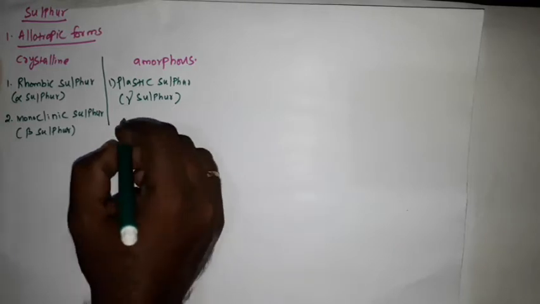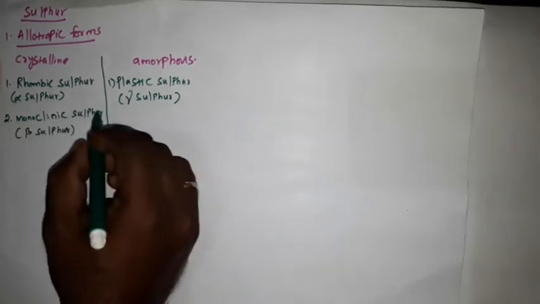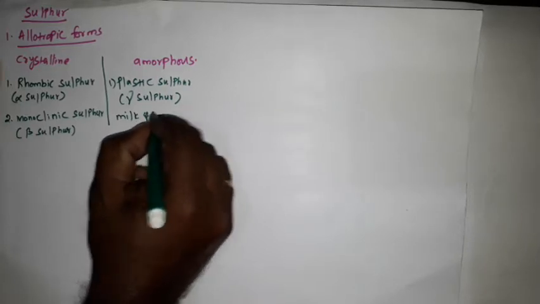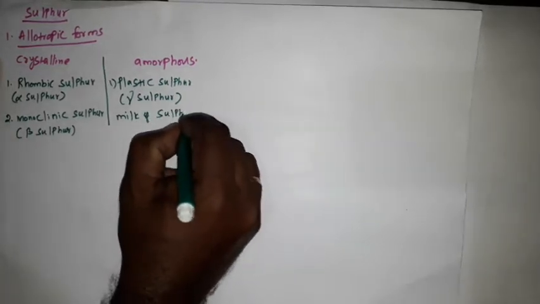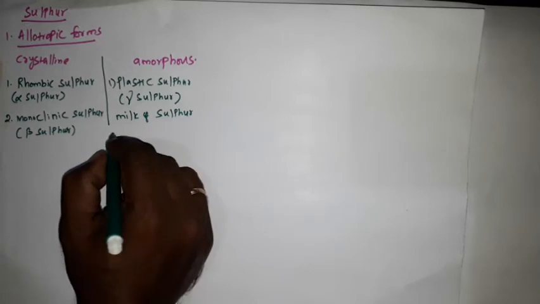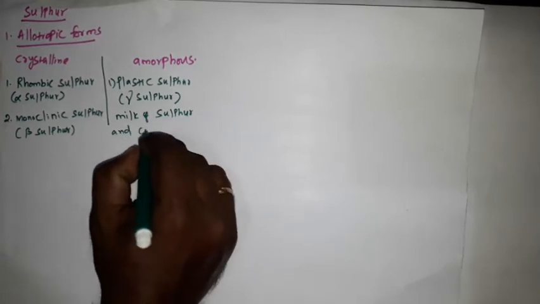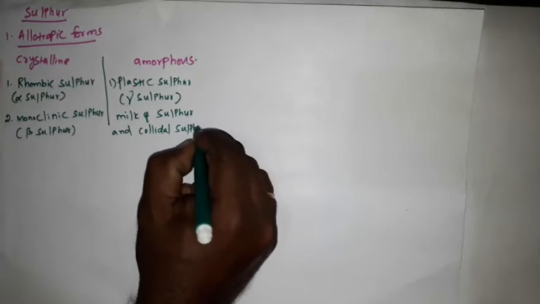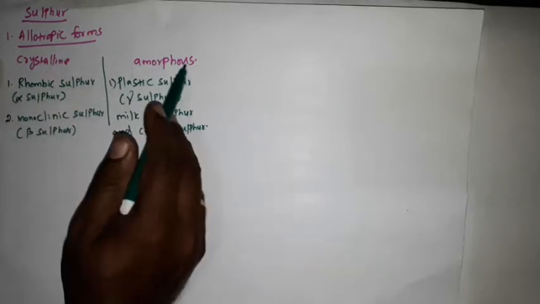Also, milk of sulfur and colloidal sulfur. Okay. So sulfur exists in two allotropic forms, one crystalline, another amorphous.